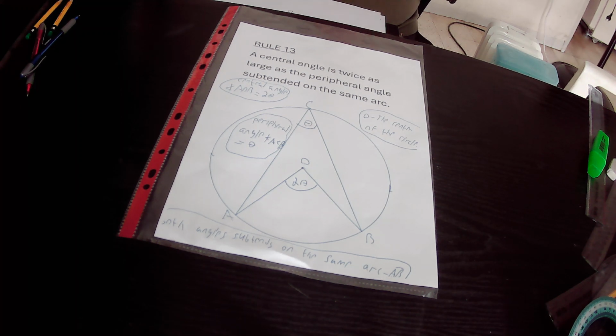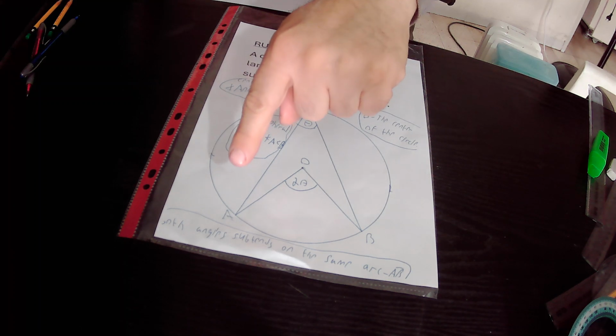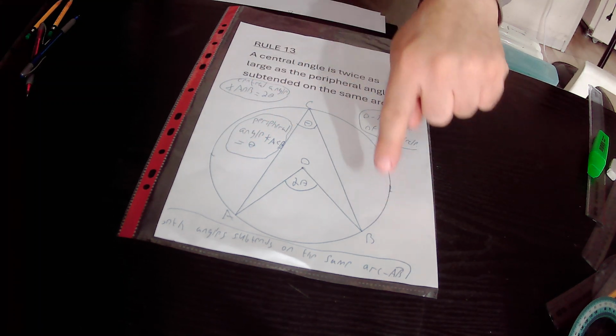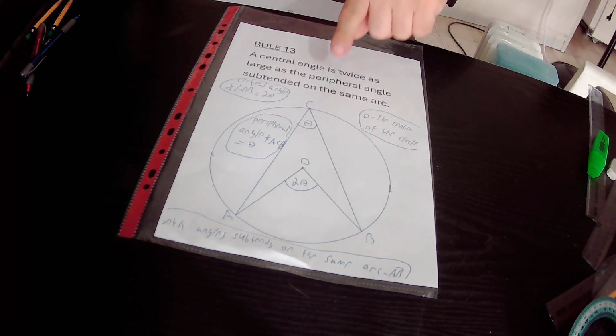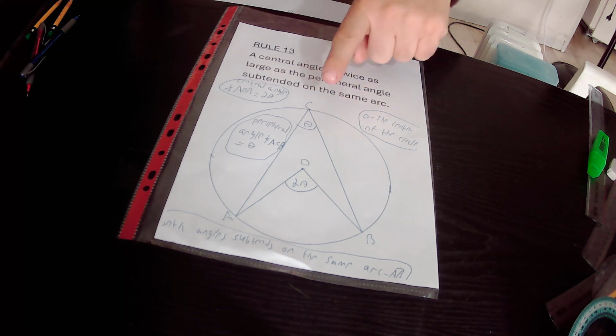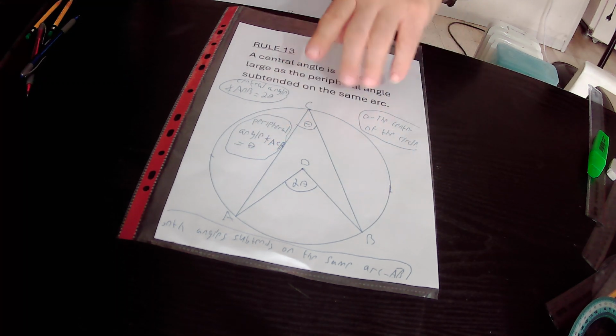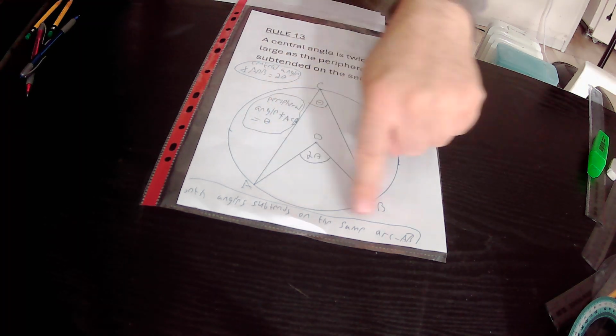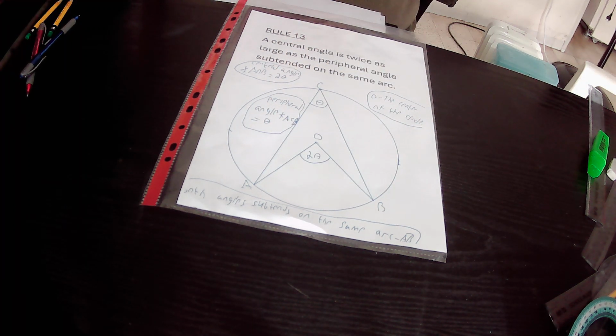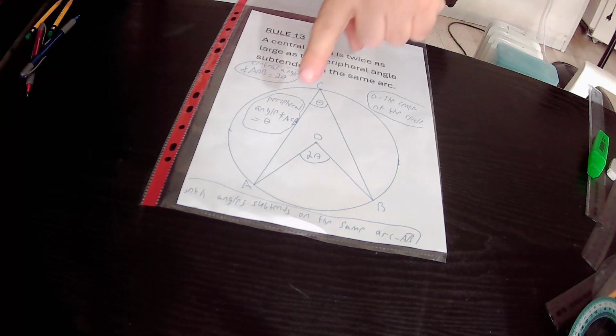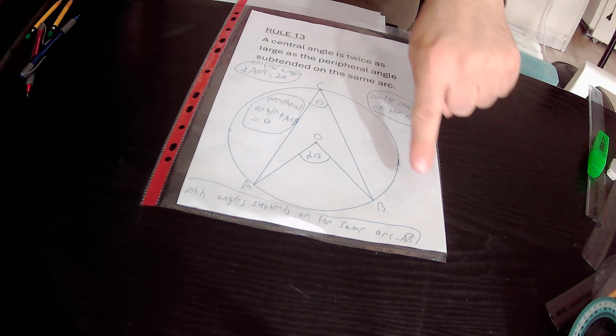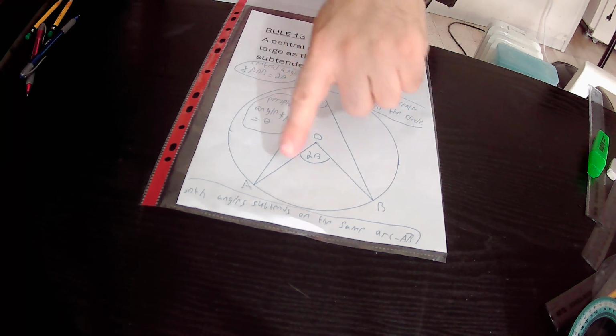Okay? So in the diagram we have a circle. Inside this circle we have the peripheral angle ACB that equals theta degrees in size, and this peripheral angle ACB is subtended on this arc AKB. In addition, we also have in this drawing the central angle AOB that is subtended on the same arc AKB.